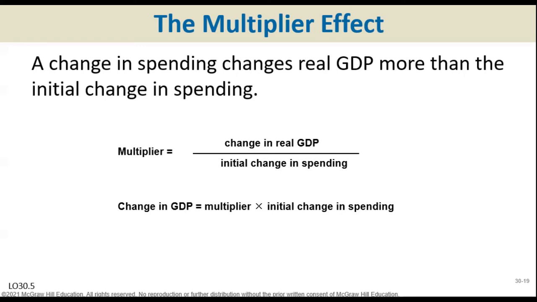The initial change refers to an upshift or downshift in the aggregate spending schedule due to a change in one of its components, such as investment. The multiplier works in both directions, to destroy money or to amplify the initial investment.